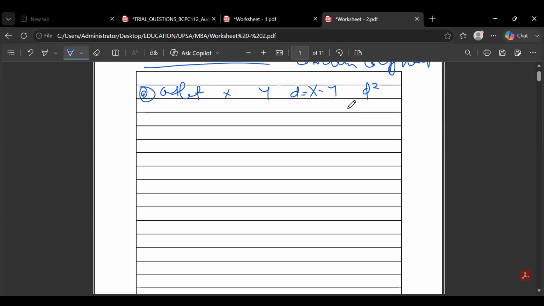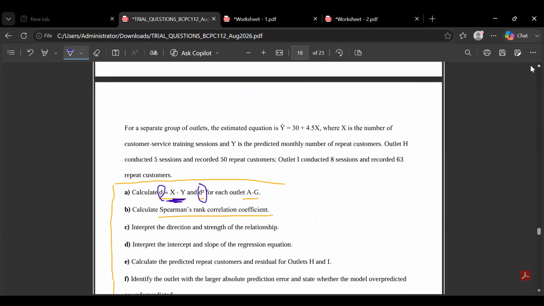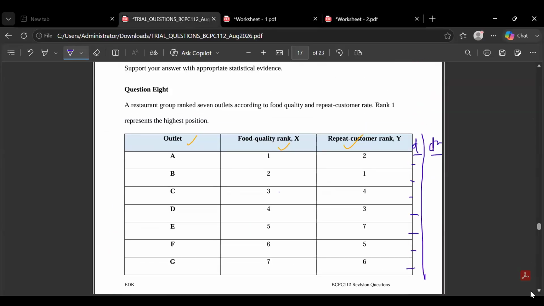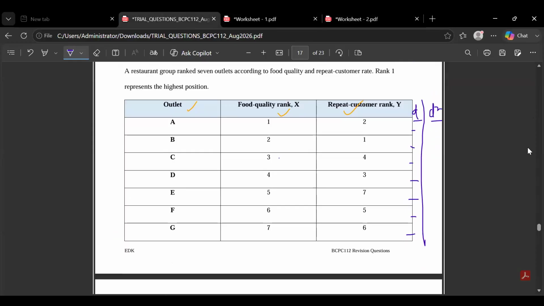The outlets are A to G. So A, B, C, D, E, F, G. Then my x's are 1 to 7, right?